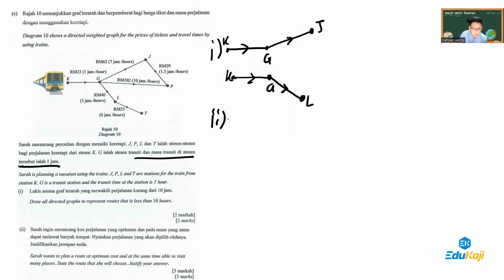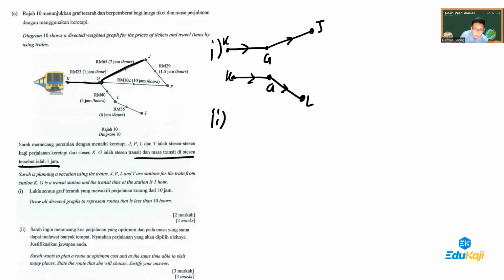Then C2. Sarah wants to plan a route at optimum cost and at the same time able to visit many places. What route would she choose? Justify your answer. So optimum cost. Definitely she won't go through here because it's expensive and it doesn't pass through that many points.